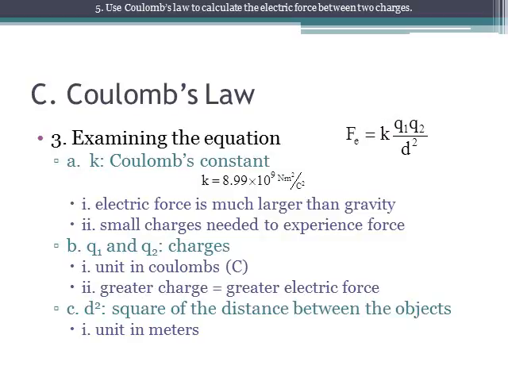The unit for that needs to be in meters, and the reason for that we can see in the Coulomb's constant there, we can see we have meters squared, so we need meters for our unit there. And then just like we said with gravity, the greater the distance between the charges, the less their electric force. Just like gravity is, the greater the distance between the objects, the less the gravitational force between them. It is an inverse square relationship, as we can see there.